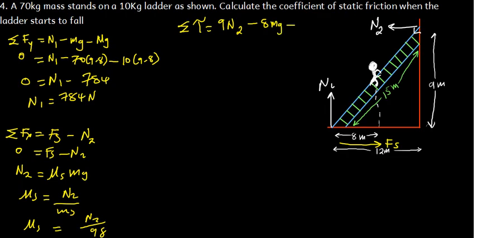We also have another one here, the weight of the ladder itself. Now we know that the ladder is 15 meters long. So for the ladder, if I break this into components, we are going to have a component which is making 90 degrees like that, and the angle theta here. But of course, we don't even know the angle theta.